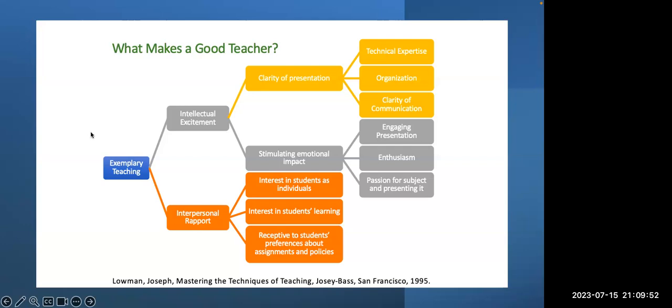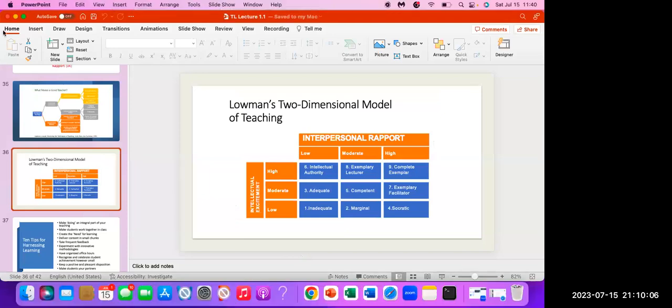Okay, so what I'm going to do is I'm going to get out of here and show you a rubric. Let me just get out of this place and share my screen.